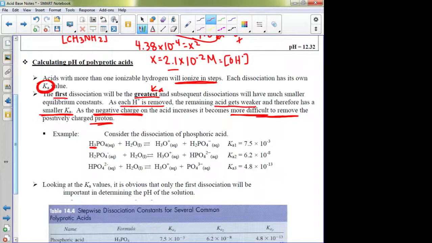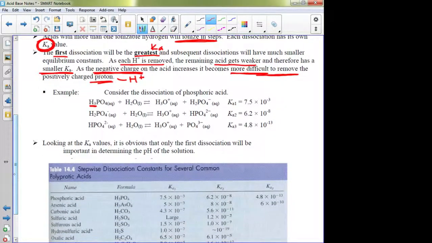Because remember, when we talk about positively charged protons, we're talking about H plus, hydrogen. So we'll look at this right quick. We see H3PO4. When we put it in water, H3PO4 is my acid, so water is acting as my base. What do acids do with their protons? Donate, and bases accept.